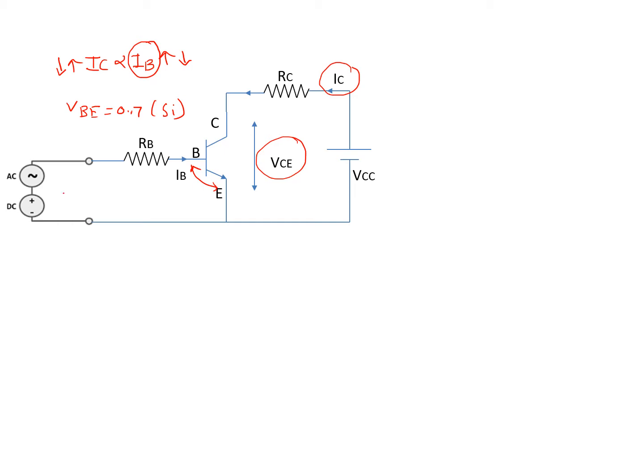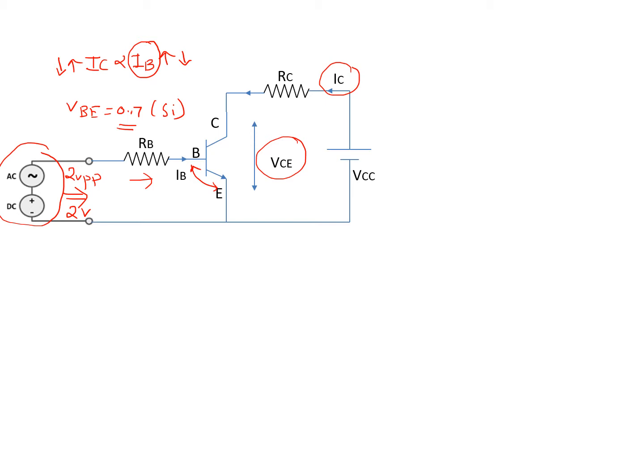If the input voltage is more than 0.7 volt, then only current IB flows. We have here the series combination of AC and DC. Let us see if we keep AC 2 volt peak to peak and DC as 2 volt, will our IB flow or not. If IB flows, then IC will definitely flow.